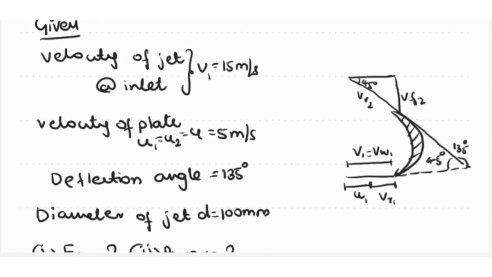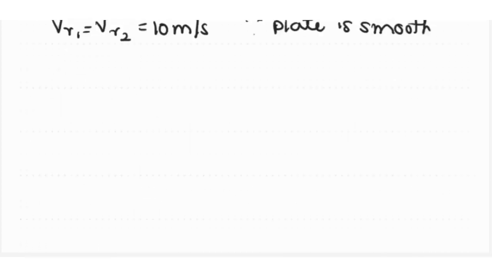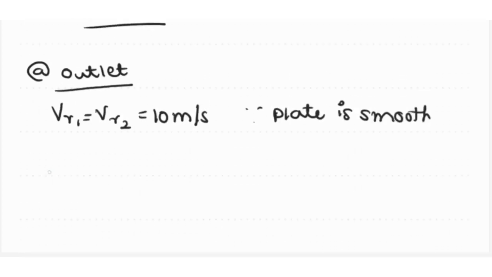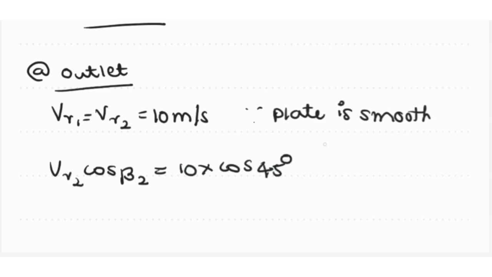First we will calculate Vr2 cos beta 2 value, so that will help us to know whether it is acute or obtuse. So Vr2 cos of beta 2 is equal to 10 into cos of 45 degree.